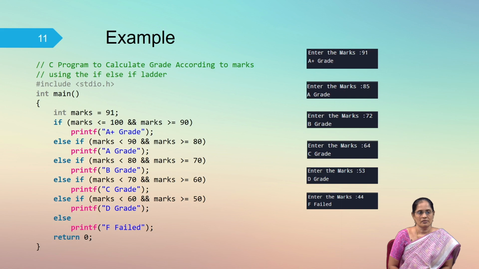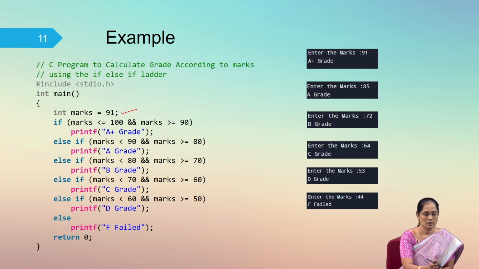Now, we have declared an integer variable named marks with value 91. We are now checking whether the given marks fall in the range 90 to 100. If it falls in the range 90 to 100, we are just displaying grade A plus.